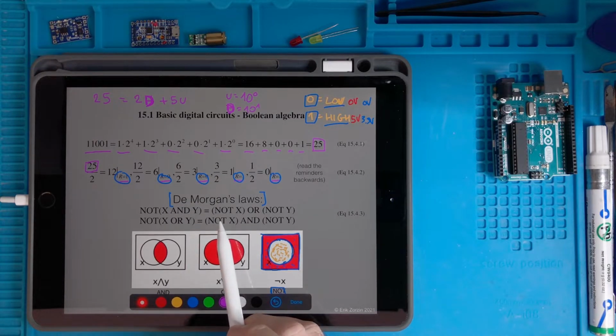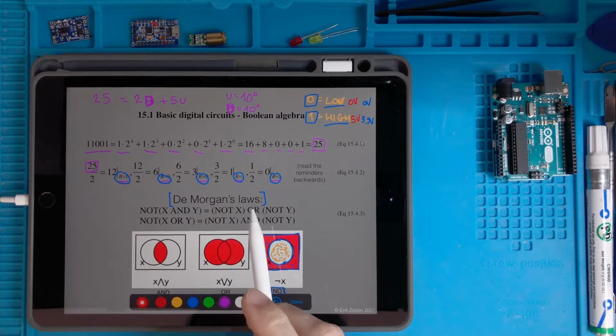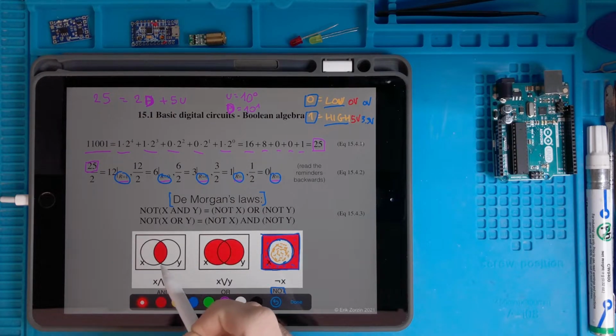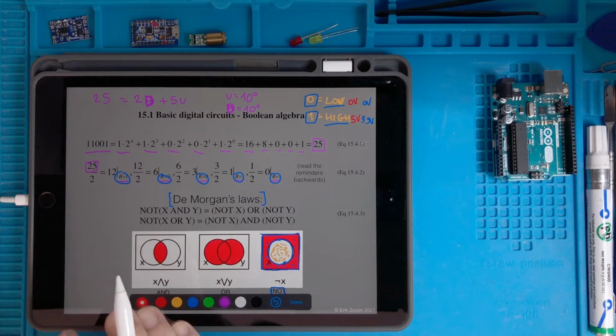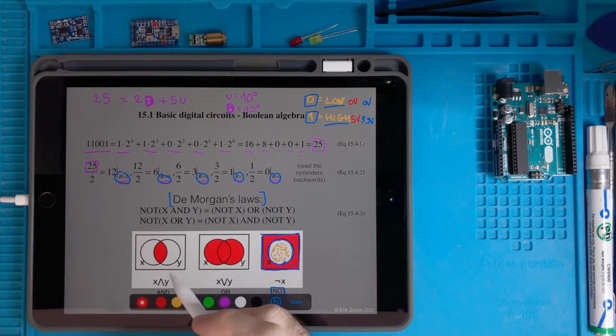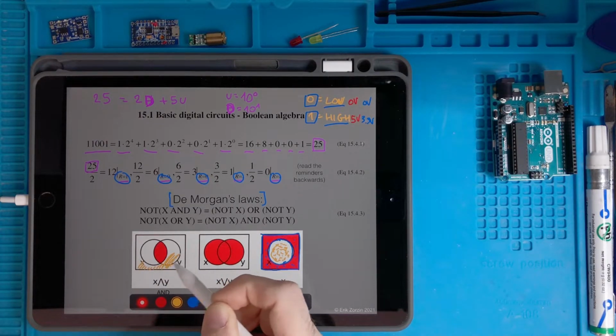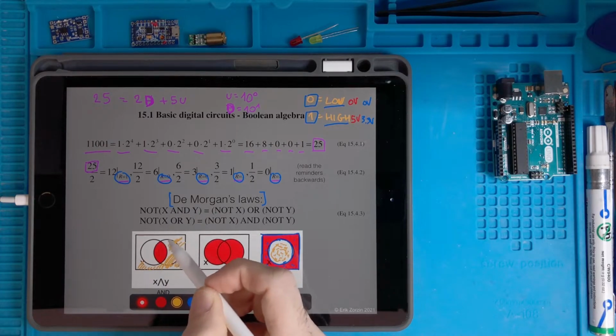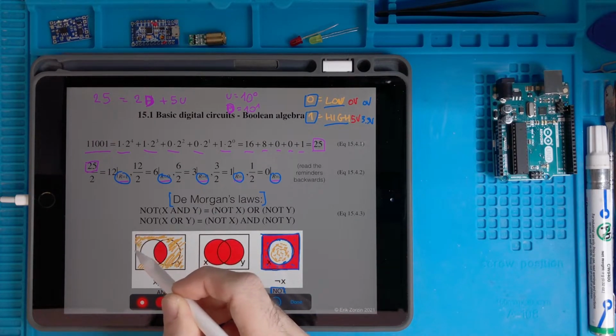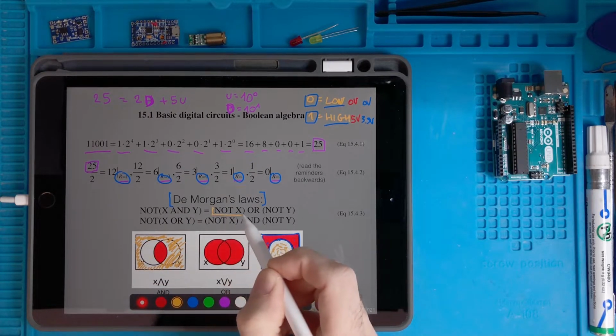It is saying that the NOT of X, so let's try to find a set which is X and calculate the NOT of X. For instance, here we have X. The NOT of X is the set of the elements that are outside X. So all those elements here, this is the NOT of X.